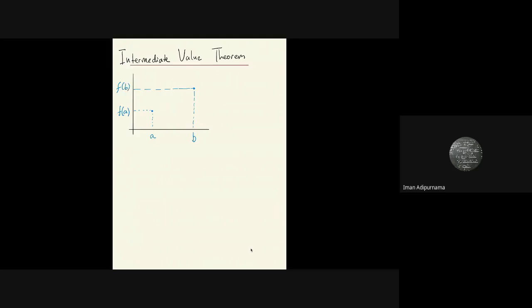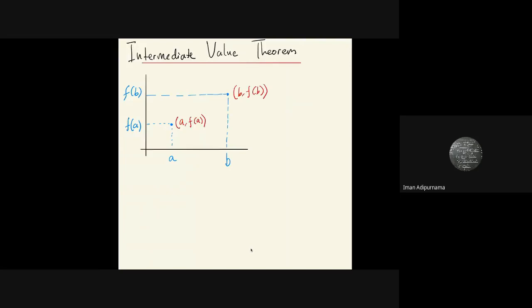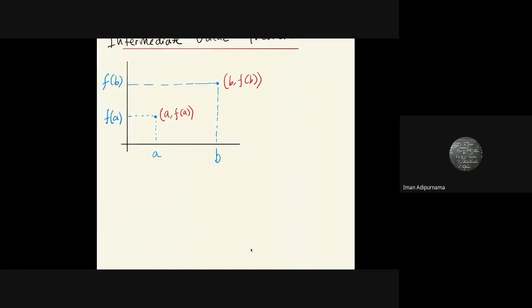I have 2 points, A and f of A, and B. In between this A and B, I can have any continuous function, any shape I want.